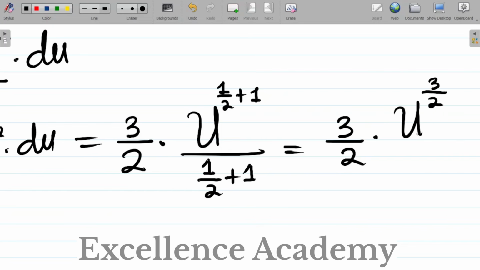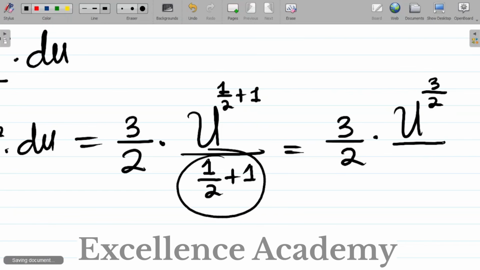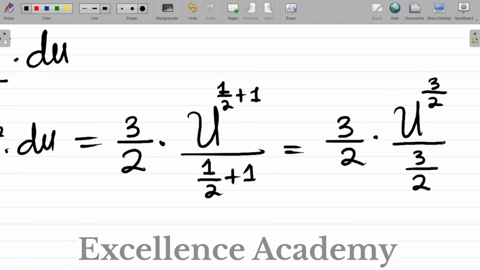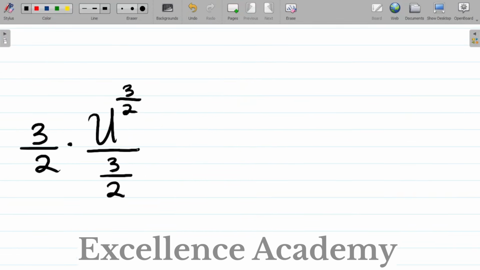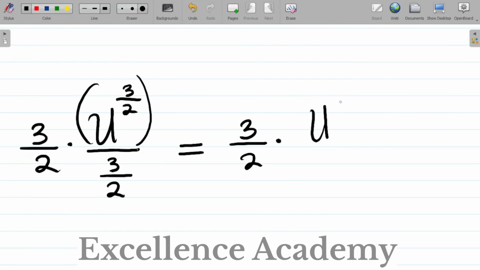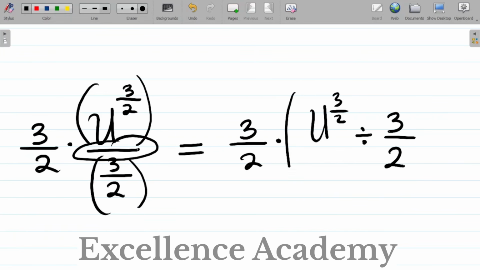So 3 all over 2 times u to the power 3 over 2 divided by 3 over 2. Please get this right, okay? All right, get the simplification.